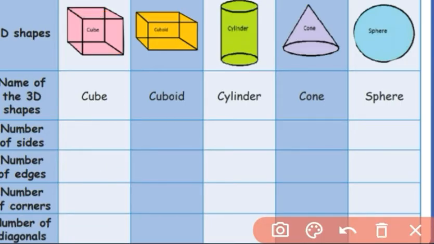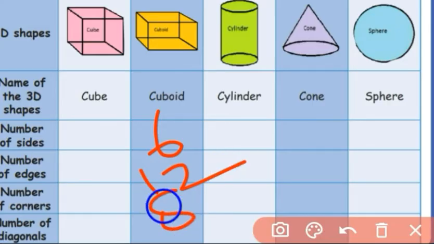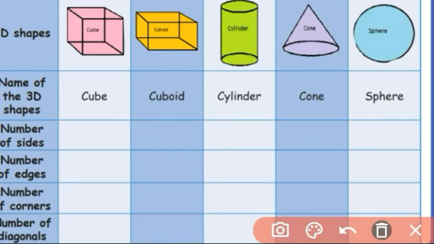The cuboid also has the same properties. Number of sides is 6. Number of edges is 12, number of corners is 8, and diagonals the same, 16. Next, cylinder. For a cylinder, number of sides is 1, 2, 3: 2 flat surfaces, 1 curved surface.